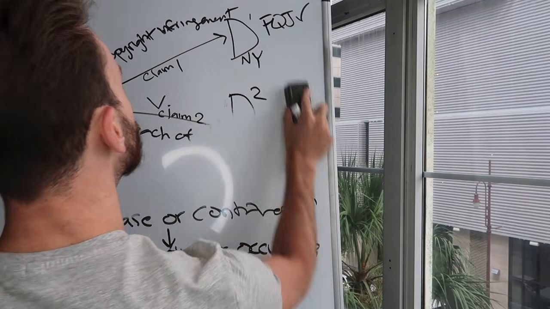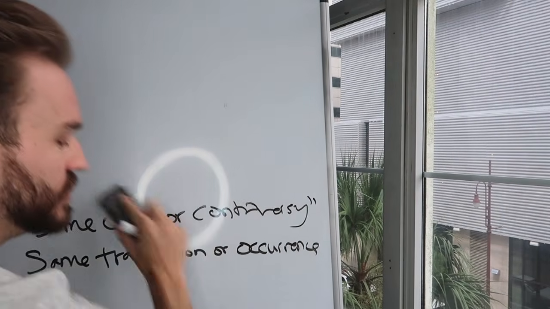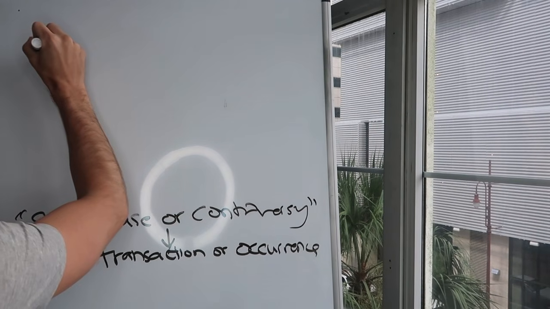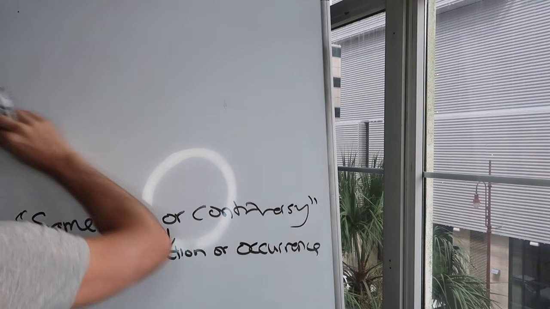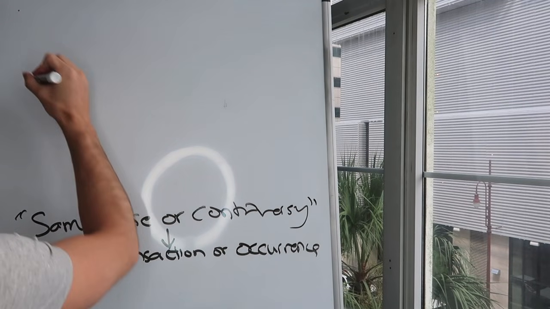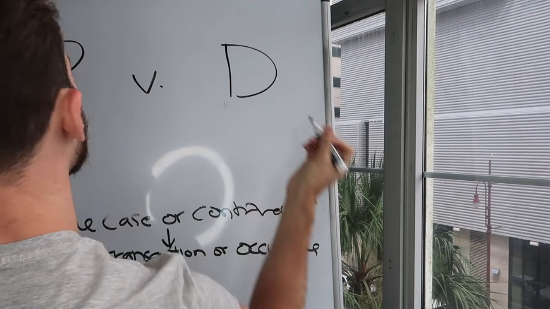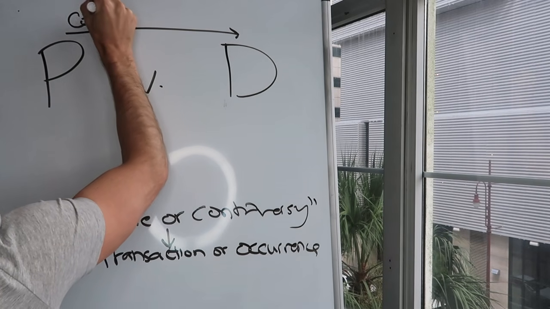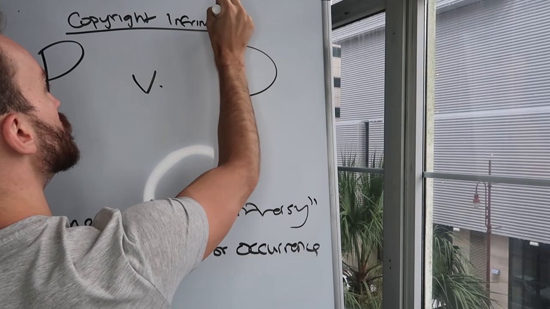So let's look at a counterclaim. See what this does. So again, same thing. Just to illustrate that the analysis never changes, right? So you have plaintiff suing defendant for copyright infringement.